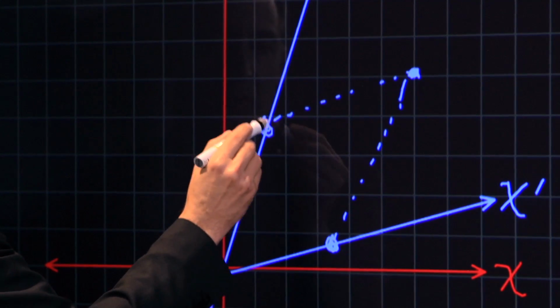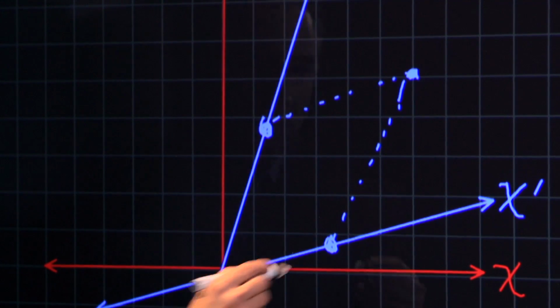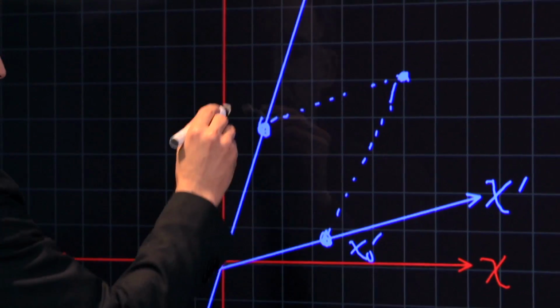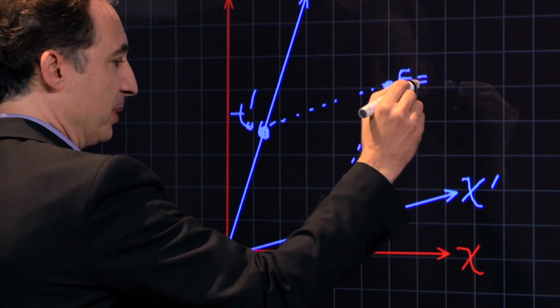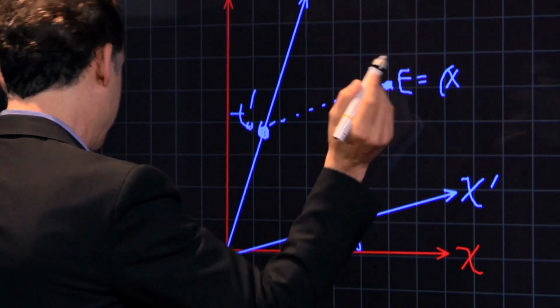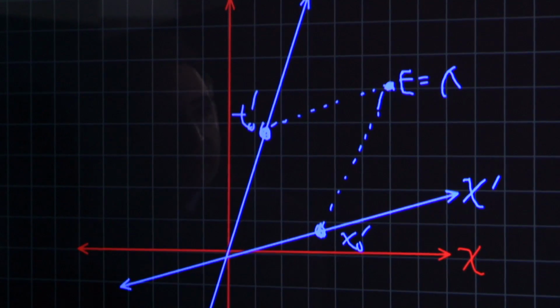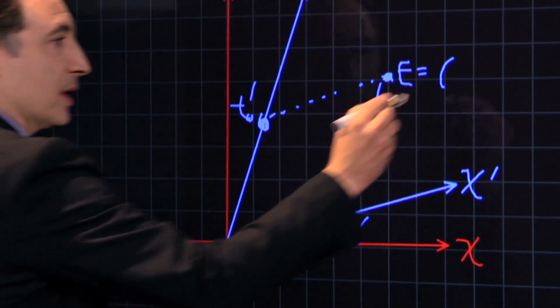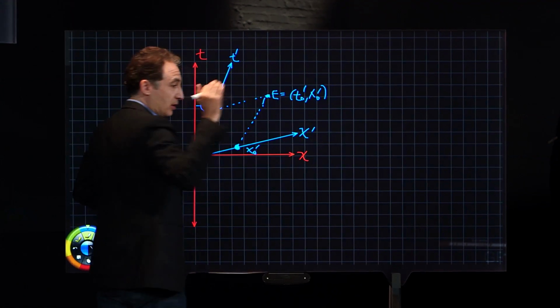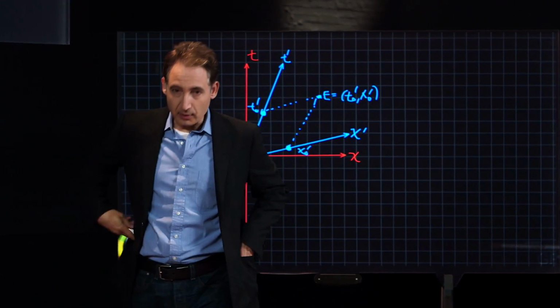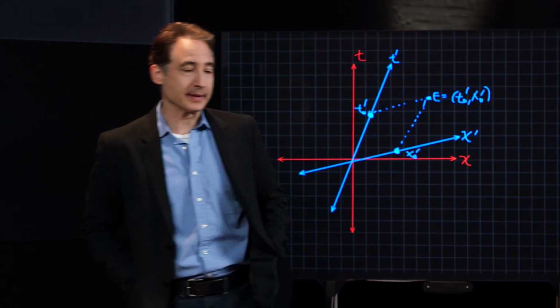These two points of intersection, call them t0 prime and x0 prime, give us the coordinates of this event E in the blue system. Good. So they're not orthogonal, but they're perfectly good coordinate axes.